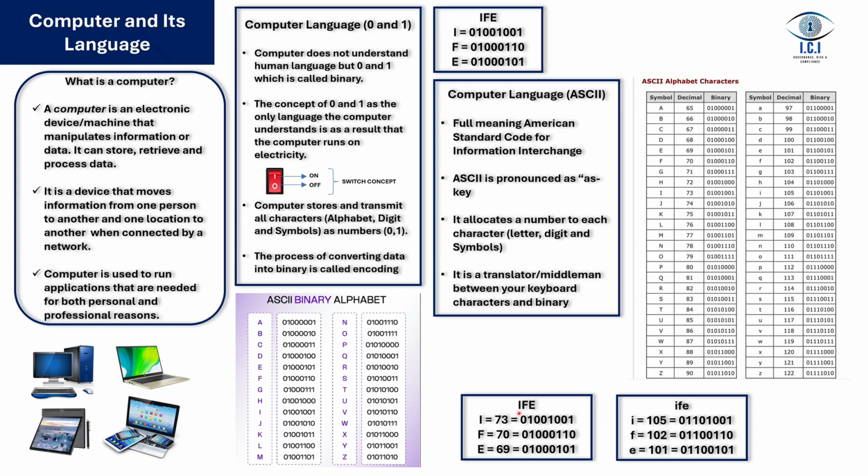Capital letter I is different from small letter i. Capital letter F is different from small letter f. For capital letter I, the ASCII number is 73. For small letter i, the ASCII number is 105. So with this, it will give us different binary numbers.